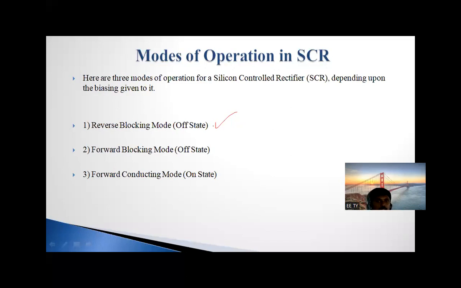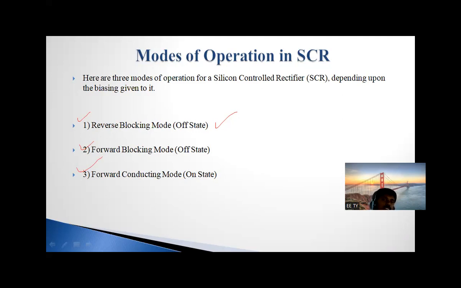In which mode does an SCR operate? What is this one? Reverse blocking mode. Forward blocking mode. Yes. And forward conducting mode.